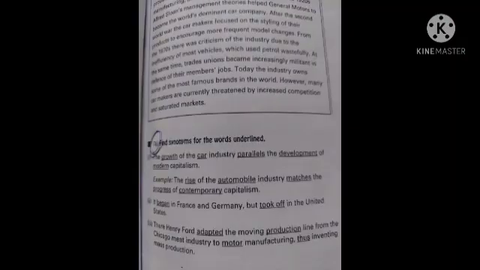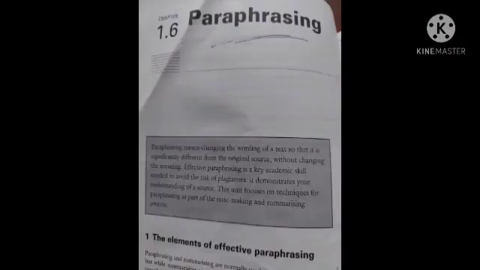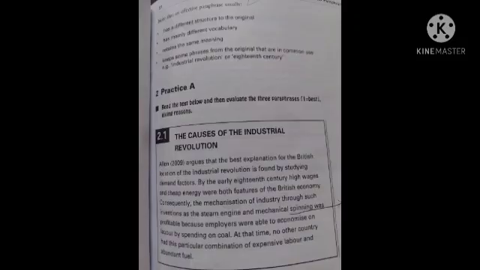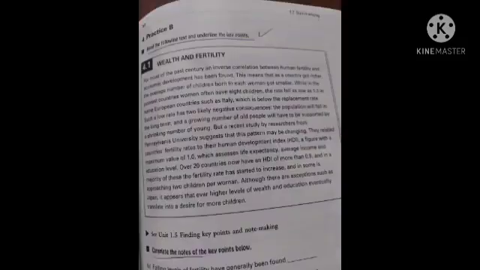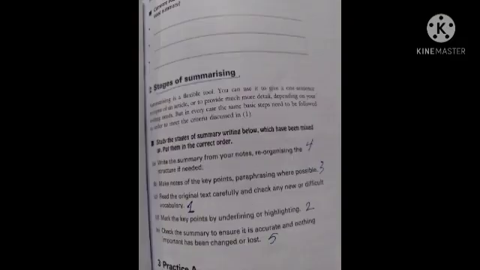Page 52, we have a subtitle, which is very, very important, about the techniques for paraphrasing. There are certain techniques, of course, we should follow and abide by whenever we are going to paraphrase a text.